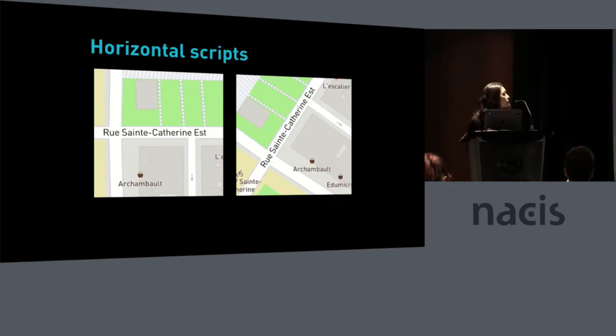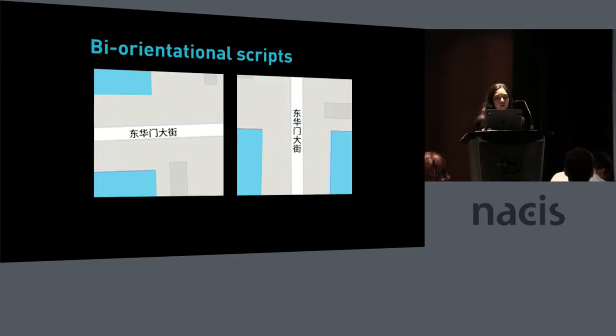And so that was discussing horizontal scripts, either left to right or right to left. These are actually fairly easy to render dynamically because we simply rotate the whole text block as needed to follow a line. But some scripts can actually be written horizontally or vertically, like Chinese.